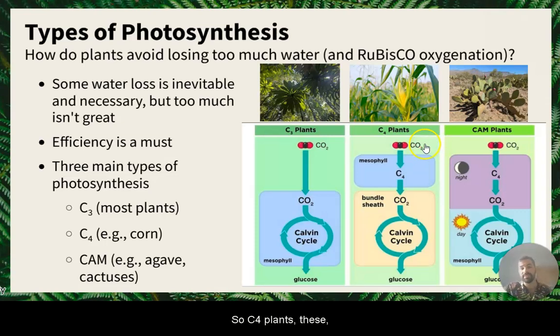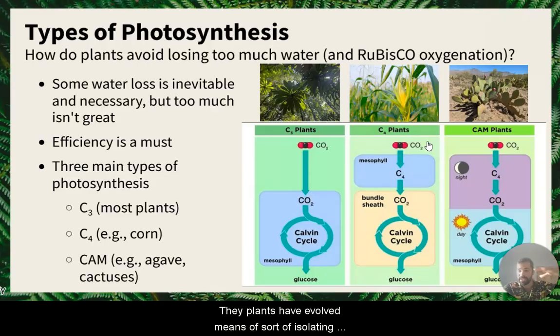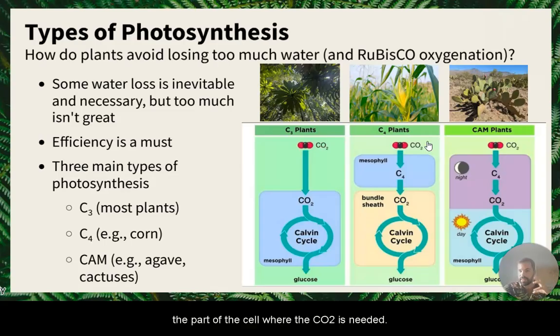So C4 photosynthesis is a form of photosynthesis in which plants have evolved means of isolating certain processes so that CO2 can be maximized within the part of the cell where the CO2 is needed.